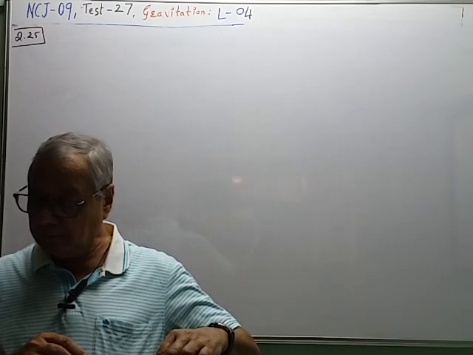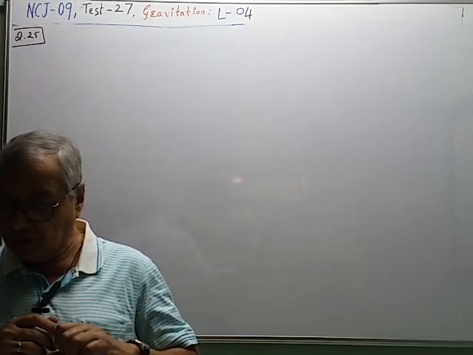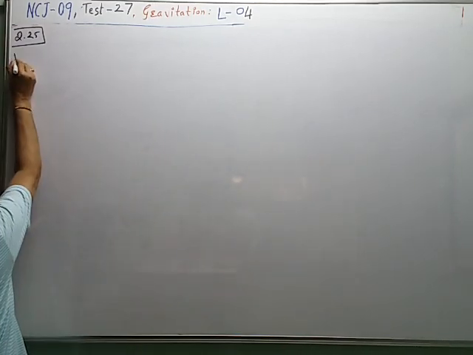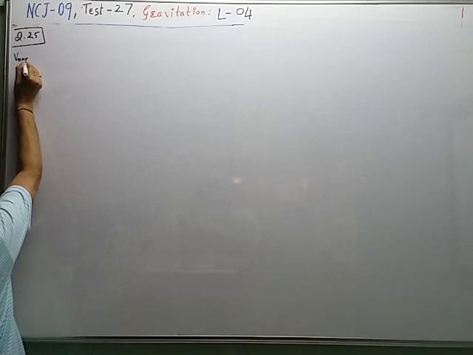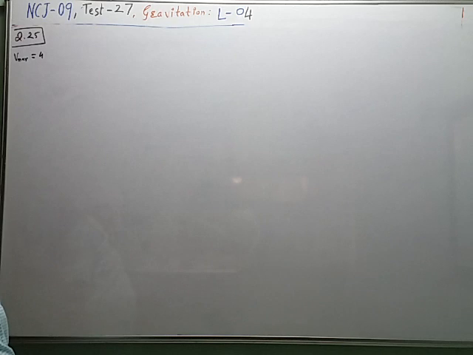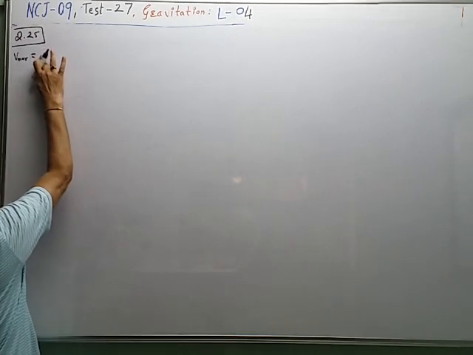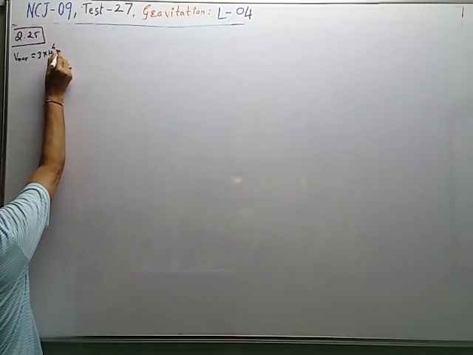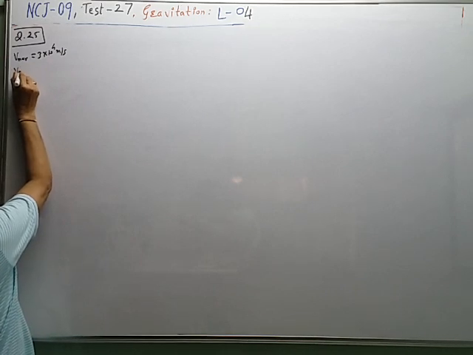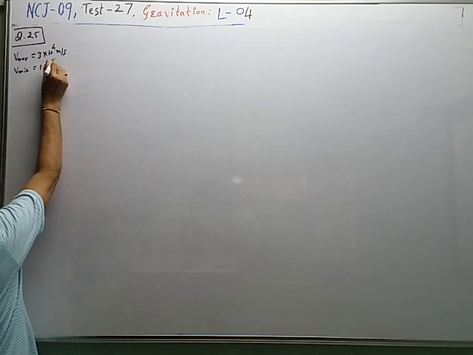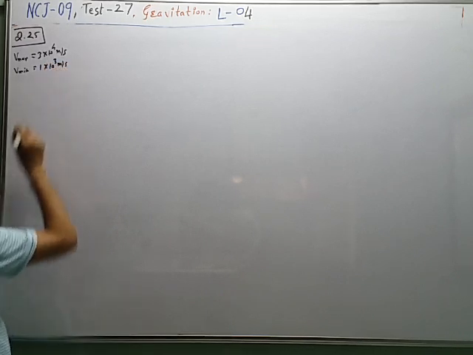So the values are given like this. Vmax is equal to 3 into 10 raised to 4 meter per second. V minimum is equal to 1 into 10 raised to 3 meter per second.